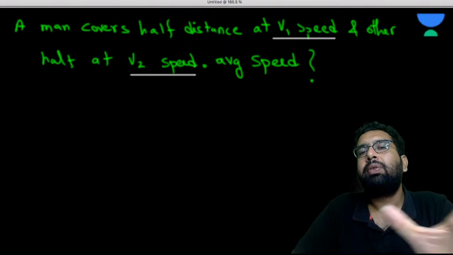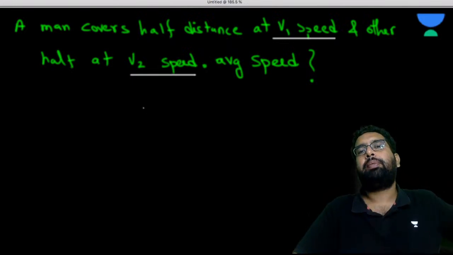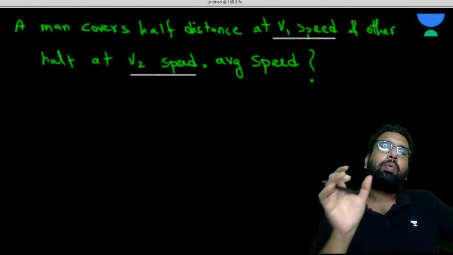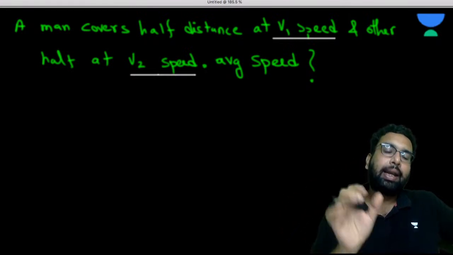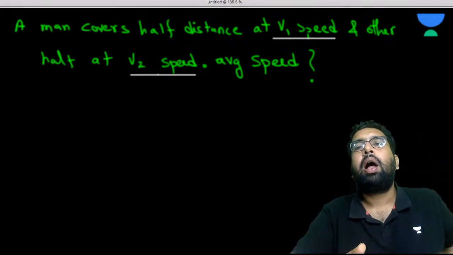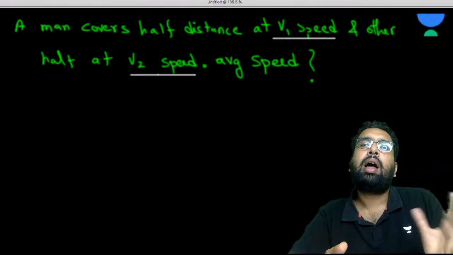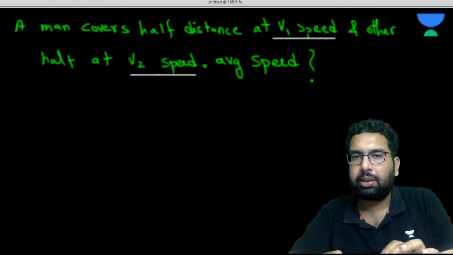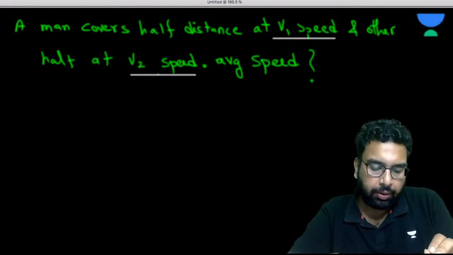Same distance, so basically two equal distances are being covered at two different speeds. Half distance with v1 speed, half distance with v2 speed. So two equal distances.